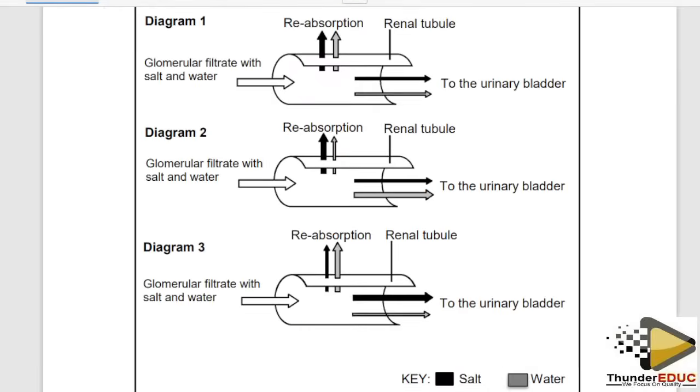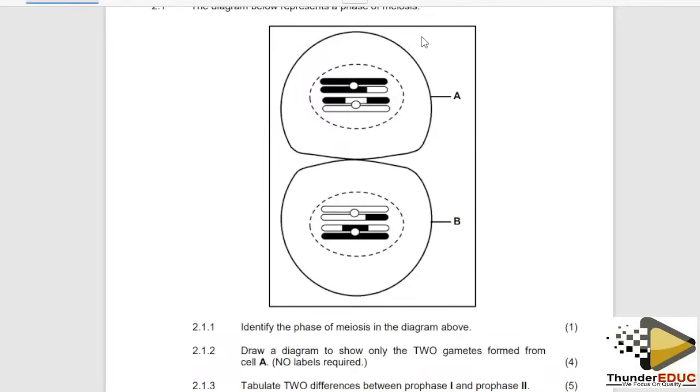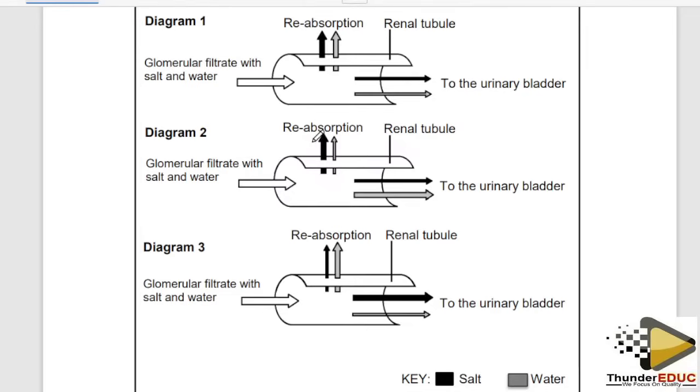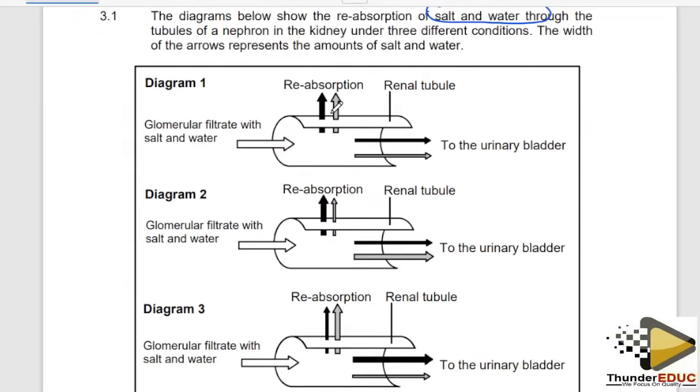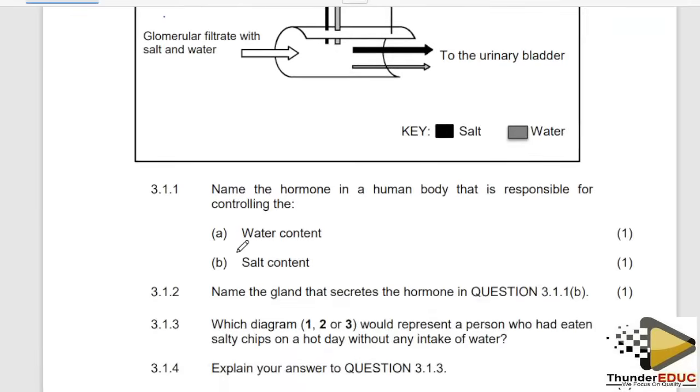Reabsorption means that it goes back to blood. And then this goes to urine. So this is urine, this goes back to blood. This is the glomerular filtrate. All right, diagram 2, diagram 3. Anyway, maybe we shall understand it better when we ask questions.